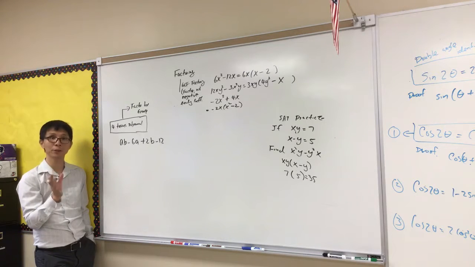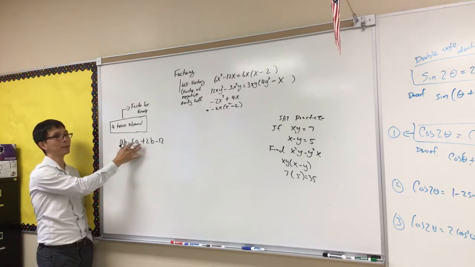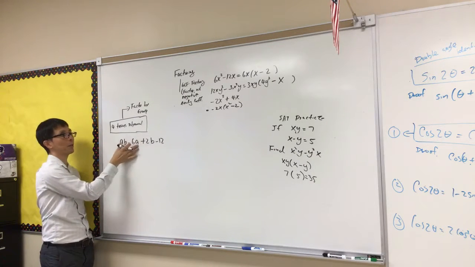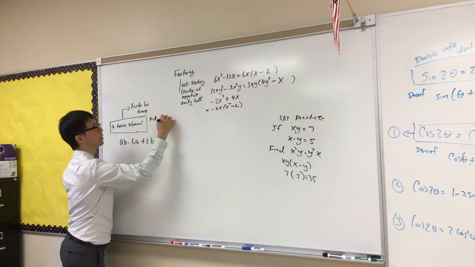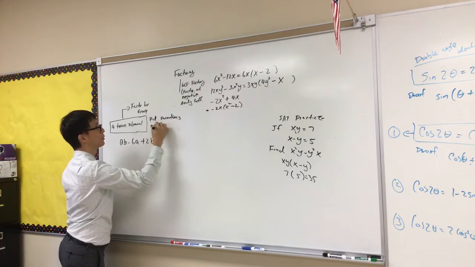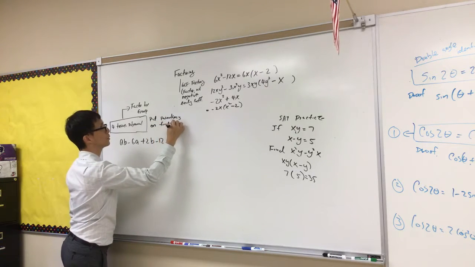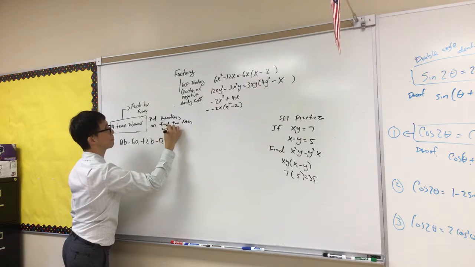Now there are some 4 terms that we're going to learn later that are not factor by grouping. But if it's 4 terms, usually factor by grouping. So what we're going to do is put parentheses on the first 2 terms and the last 2 terms.